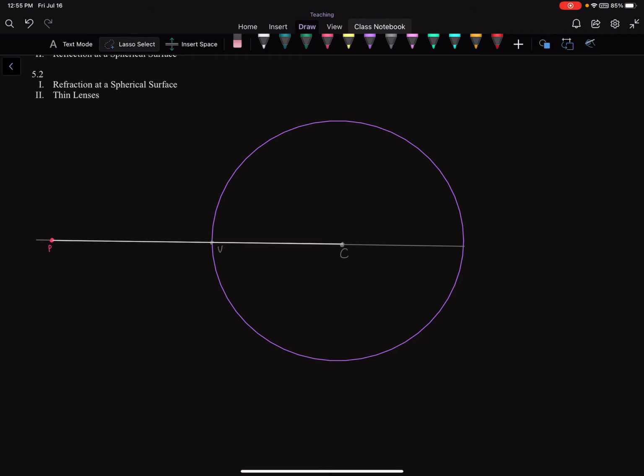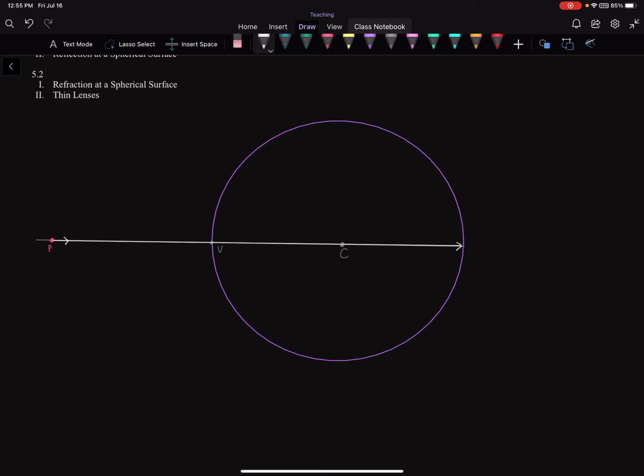So already we're different from before. So it's emanating out from the object. And actually, I don't know why I stopped at the center of curvature. We'll just keep going. And who knows what happens at the very, very end there if it refracts and transmits through, but we'll just draw it that far.